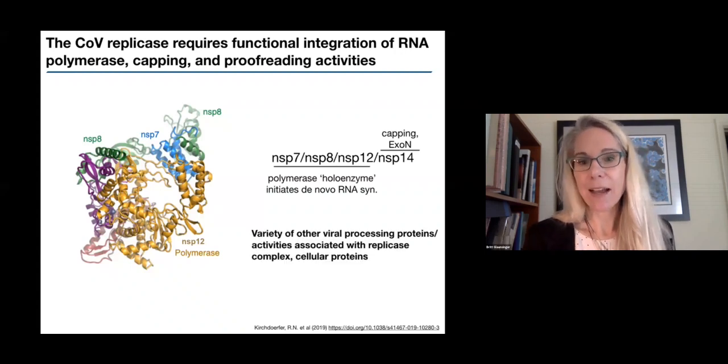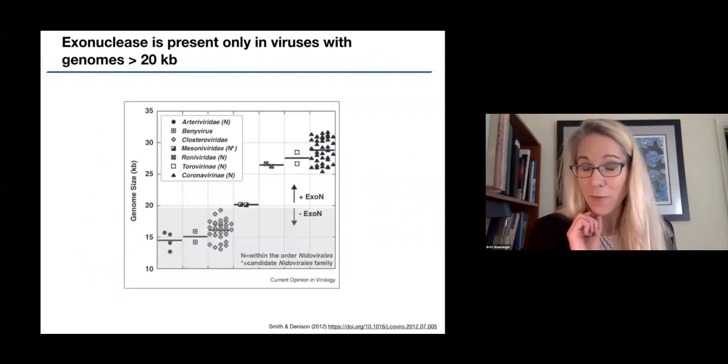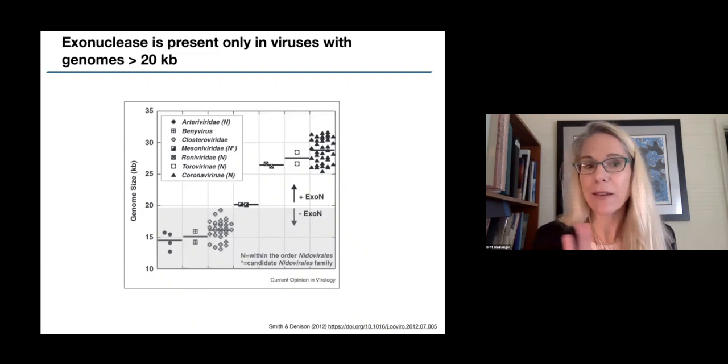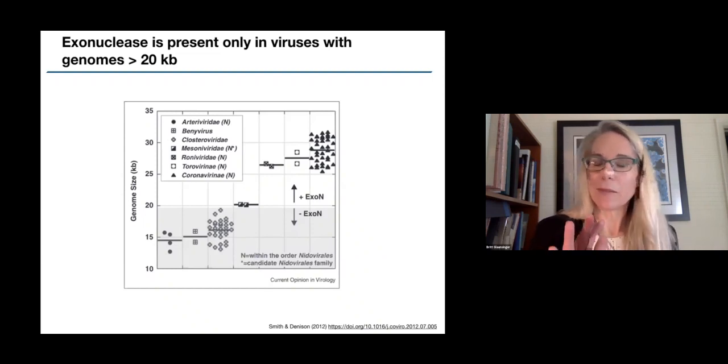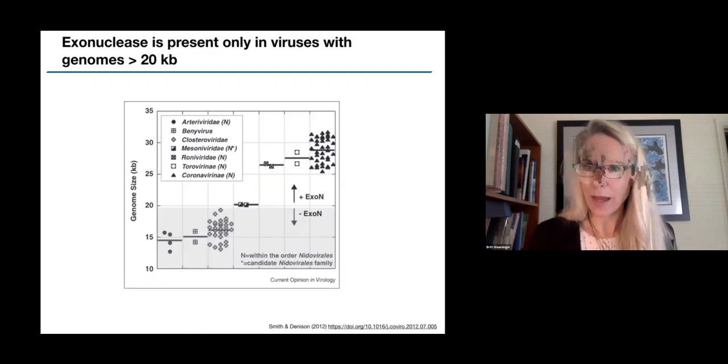And in fact, the theoretical size limit for an RNA genome, an RNA virus, is about 30 kilobases. Remember, coronaviruses are 30 kilobases. Most RNA viruses don't even come close to hitting that theoretical size limit. They're in the 10 to 18 kilobase range. They stay well below that size.